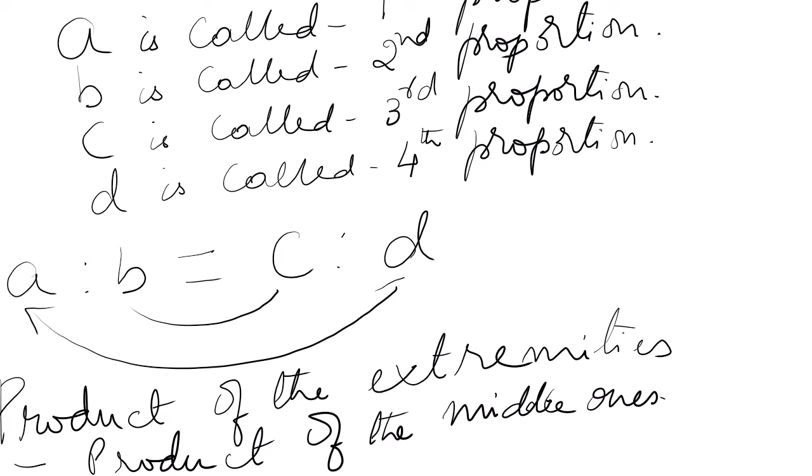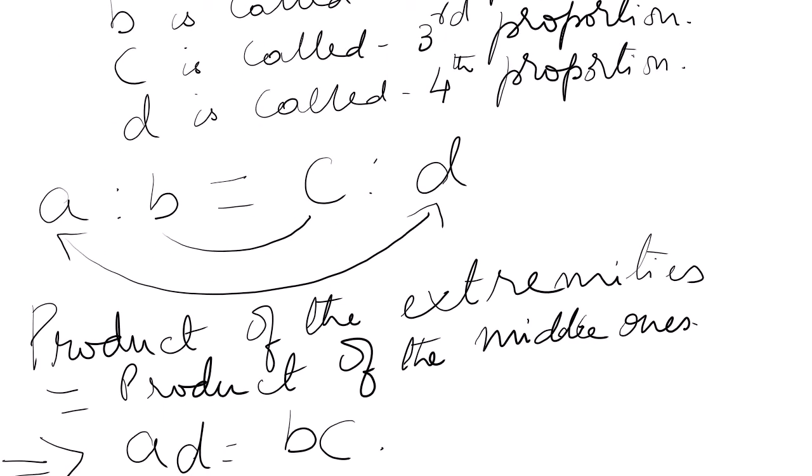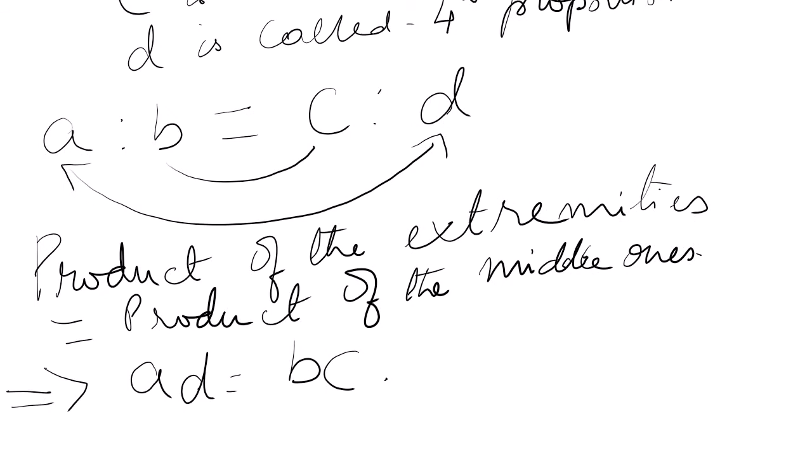extremities means A and D are on the extreme ends, whereas B and C are the middle terms. So the product of the extremities, that is A and D, is equal to the product of the middle ones. So the result is AD is equal to BC.